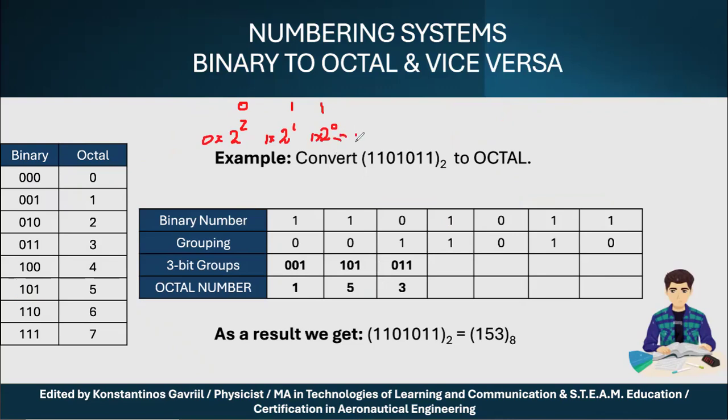Because this one is 1, and this one gives me 2. 2 plus 1 from these two gives me 3. Okay, so this is the conversion from binary to octal.